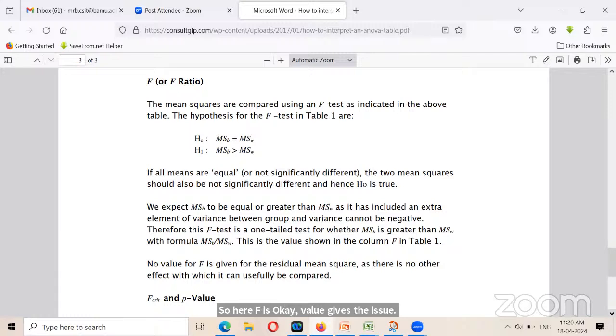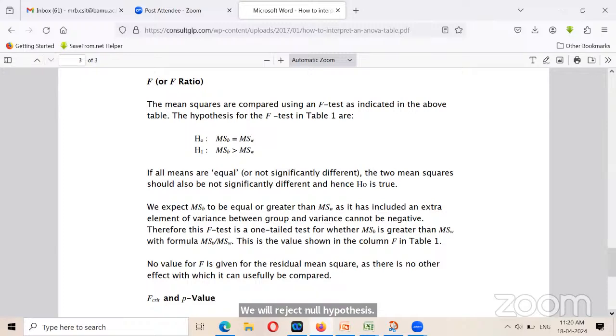Whenever we perform ANOVA in Excel, we end up with the summary table. In that summary table, three values are very important: F value, F critical value, and P value. From these three values we decide whether to support or reject the null hypothesis. If the F value is greater than the F critical value, we will reject the null hypothesis.